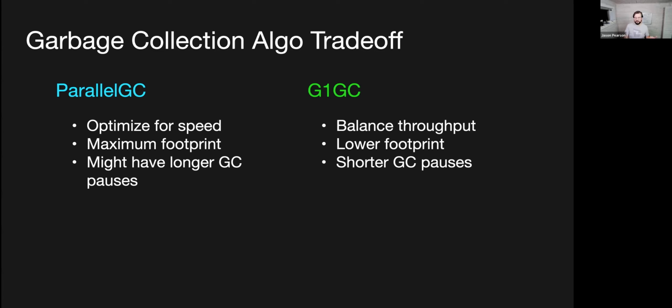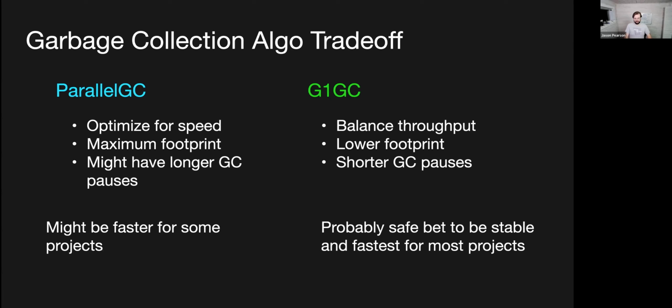There's a plugin called Gradle Docker, and it still recommends today that Parallel be used across all Gradle builds. By default it will error out if you have anything else selected. G1GC balances throughput, has a lower footprint, and shorter GC pauses.